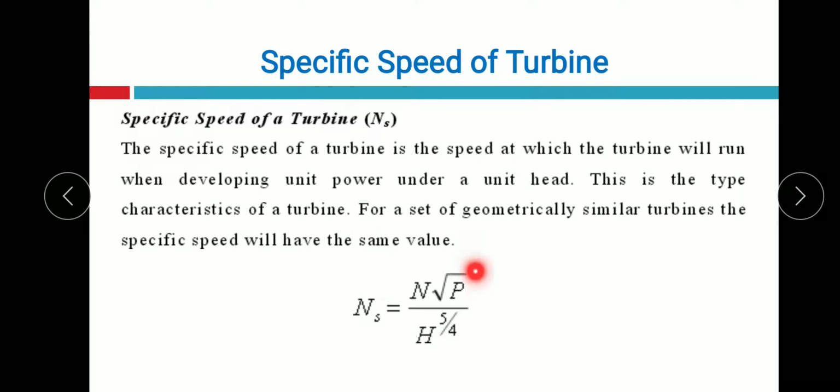If the specific speed lies between some values, it comes under Pelton wheel; that range we have given. In short answer questions they may ask you to identify the type of turbine by giving the data related to speed, power and head value. Then you need to find out the Ns value.